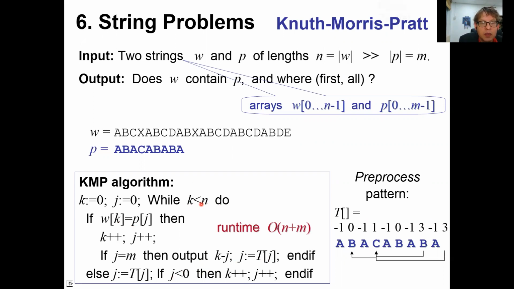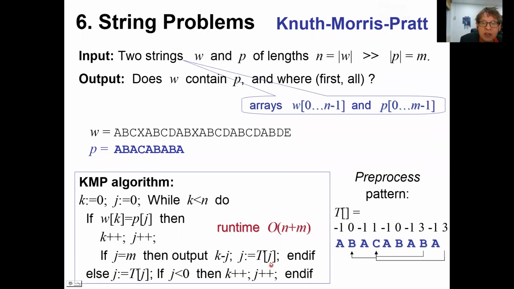There's this outer loop, but since the outer index never decreases, there's no inner loop with the J index. The loop over J is kind of implicit. It happens together with the outer loop. Whenever the outer index increases, then also the inner index increases.